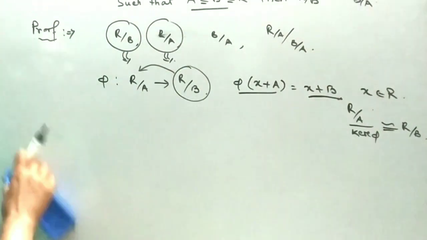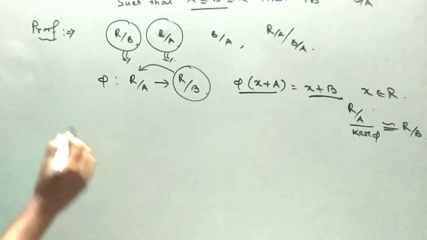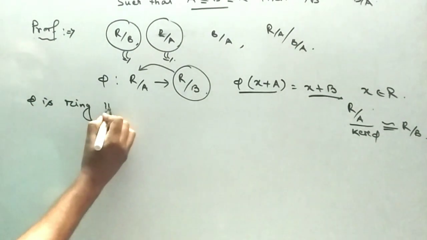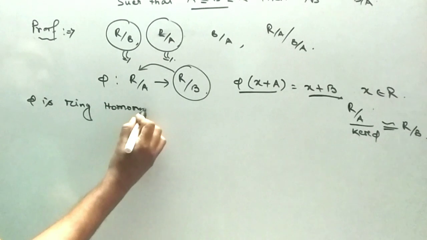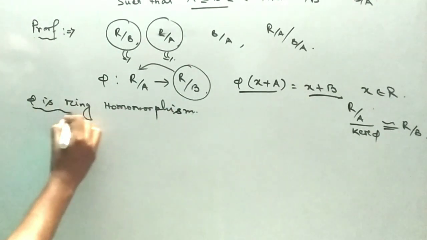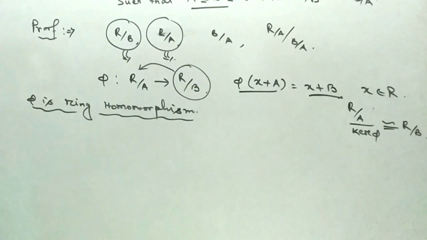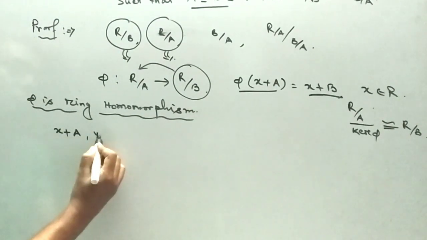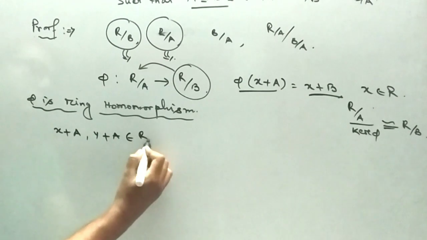Now the third condition, that phi is a ring homomorphism. For this, we take x plus A, y plus A belonging to R/A.